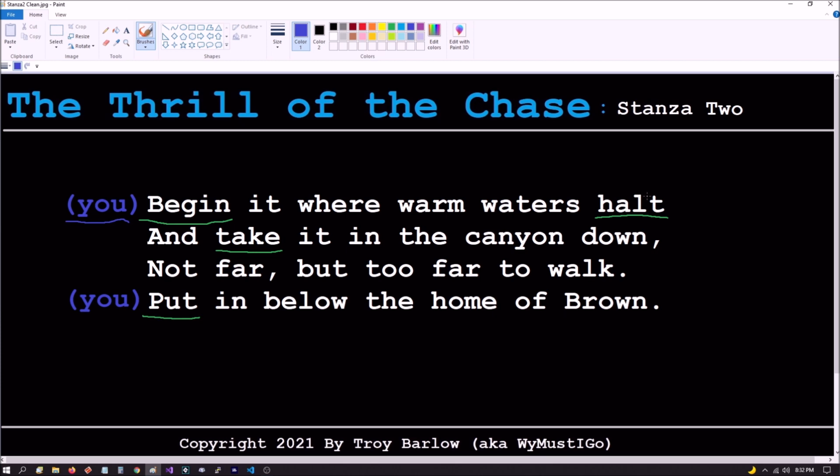It's just halt, but its subject is before it, because he's saying begin it where warm waters halt. So waters, this plural noun, is the subject. Begin it where warm waters halt. So where the waters halt, he wants us to begin it. All right, sounds good. We have down here another noun, the canyon, the home.